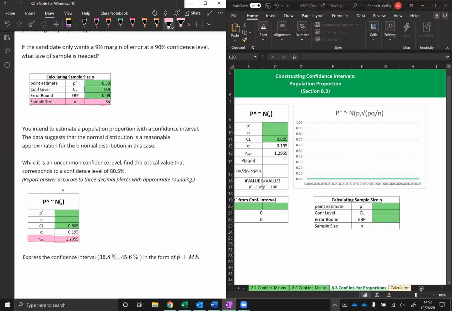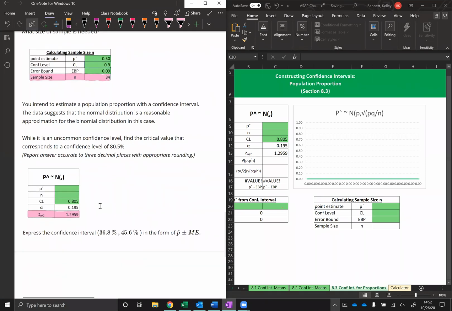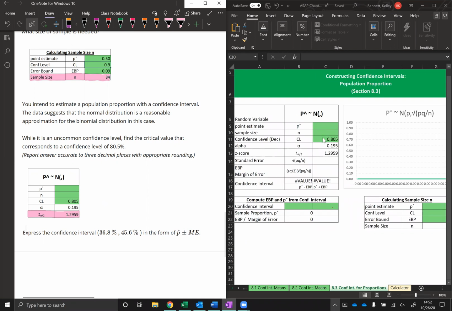All right, the last example that we're going to do is we're going to take a confidence interval given, and convert it into the form p hat plus or minus ME. So remember that ME stands for margin of error. In this third box on the bottom left of Excel, we have a way to compute the error bound for the proportion, EBP, and p hat from the confidence interval.